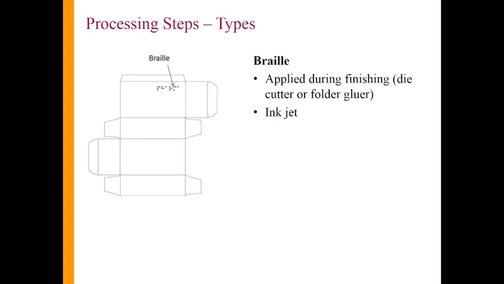So when I said in the beginning that processing steps represent things that happen to the packaging product that are not the actual printing, that has to be taken with a grain of salt. Some of these extra processing steps can actually also apply a printing technology, like for instance here for Braille.